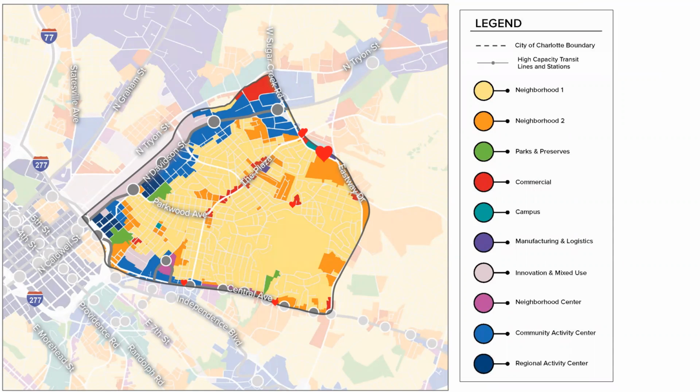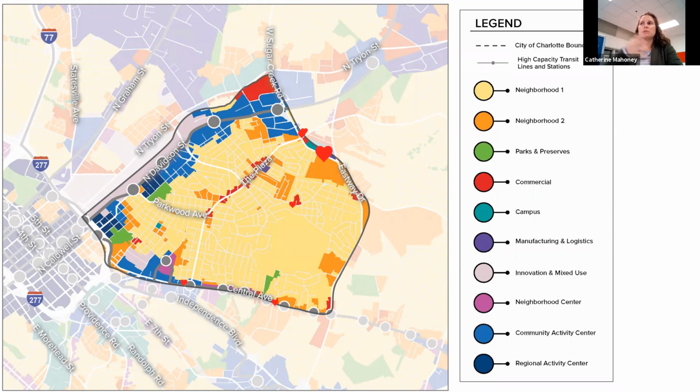Are all the high schools in other neighborhoods, neighborhood 2, or just here? The schools were absorbed into what the predominant place type was surrounding it. So in the case of Garinger, this is Garinger, right? Yeah. I guess there was more N2 zoning around it than N1 zoning, and so that's why it's reflected as N2 here. But if the opposite was the case, it could have been reflected as N1.